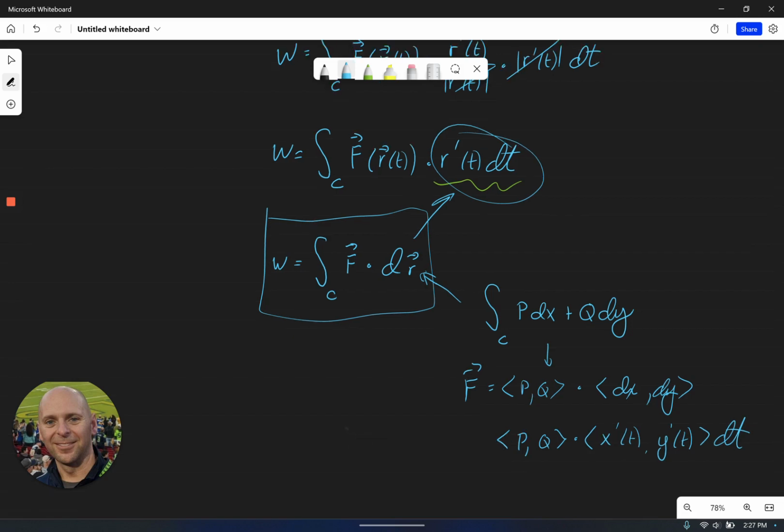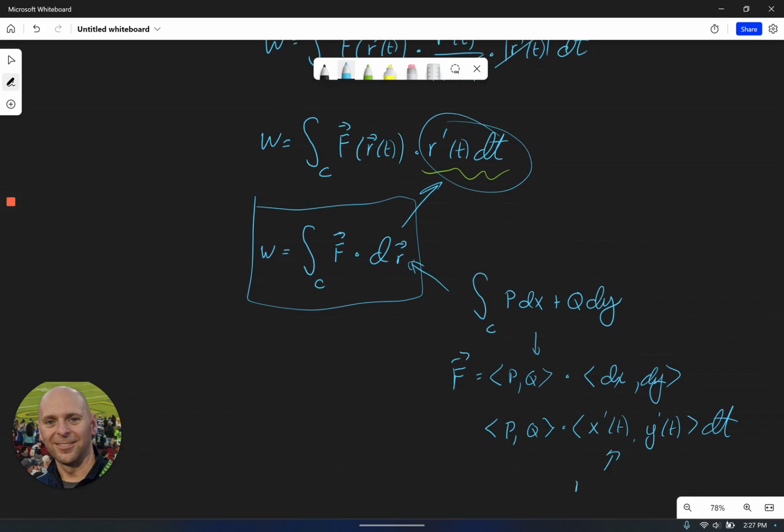So now again, we've got that r prime of t dt from that piece, and this is our F. So once again, getting back to F dot dr.